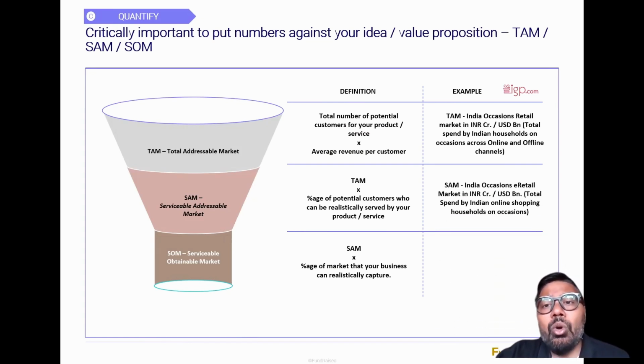Now, since I'm an online platform, my SAM, which is serviceable addressable market, is essentially the total spend by Indian online shopping households on occasions. People who are going online and purchasing gifts for occasions. That becomes my serviceable addressable market.